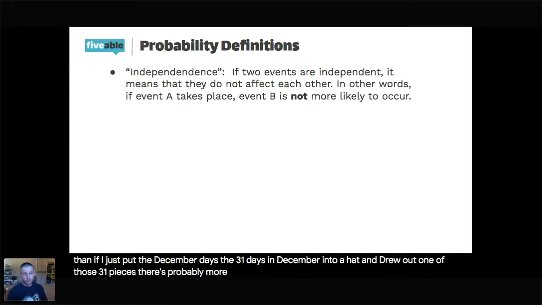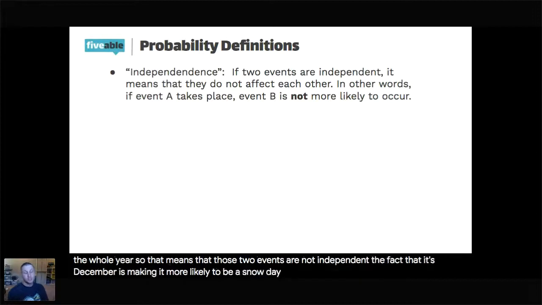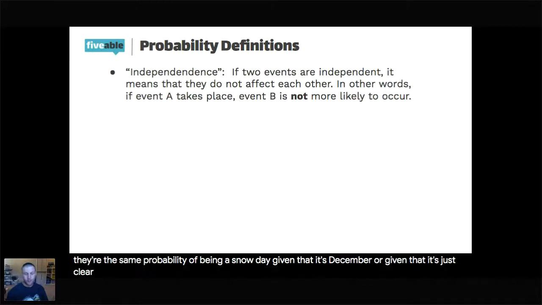There's probably more snow days proportionally in just December than there is in the whole year. So that means that those two events are not independent. The fact that it's December is making it more likely to be a snow day. So therefore, they're not independent. If they're the same probability of being a snow day, given that it's December or given that it's just any day in the year, then they would be independent. And that's clearly an example where they're not.